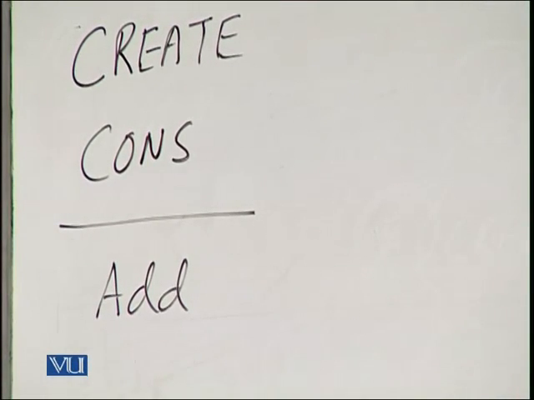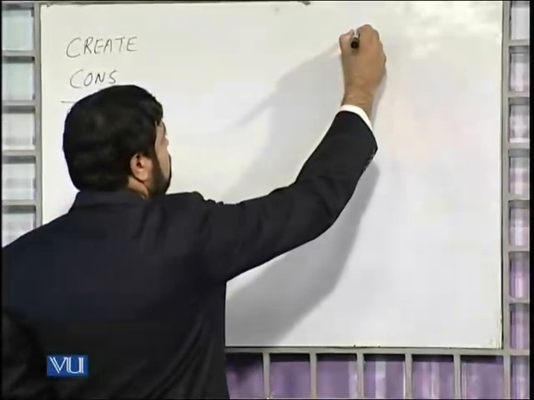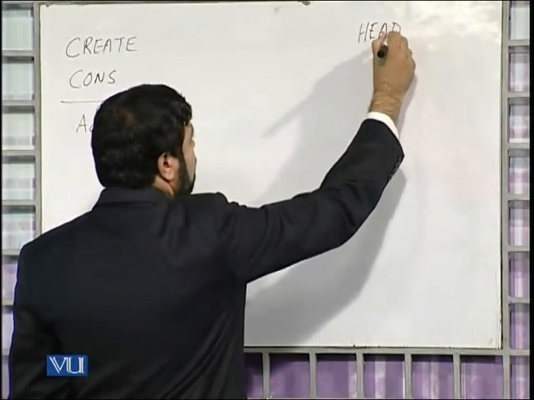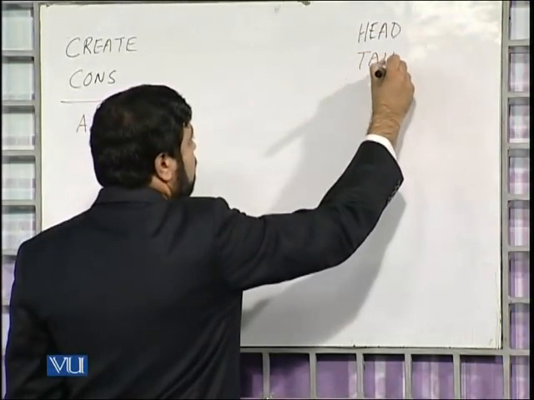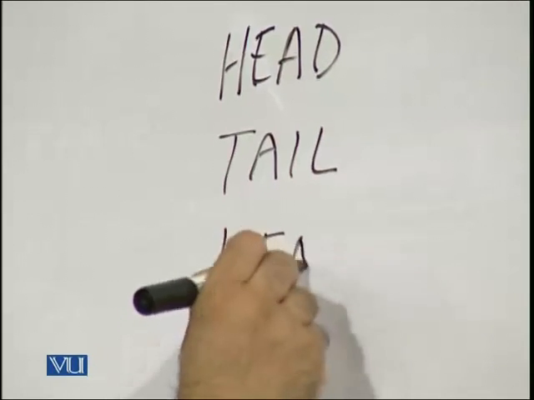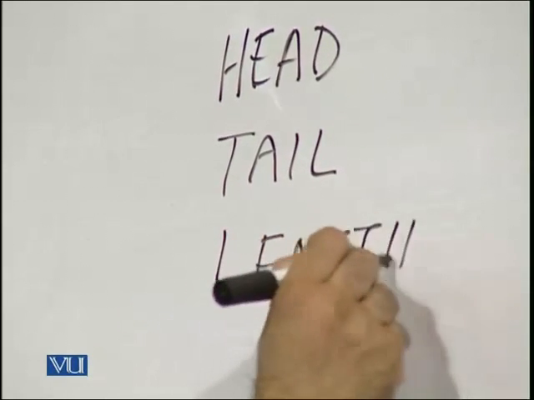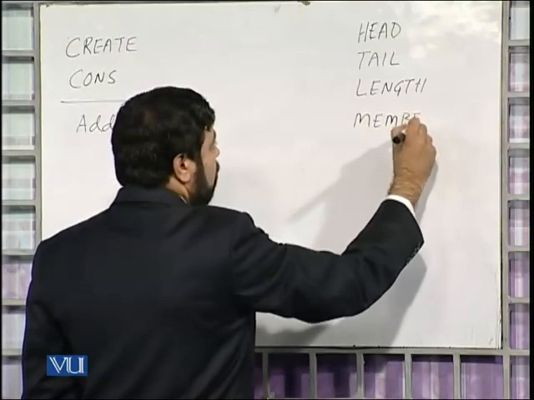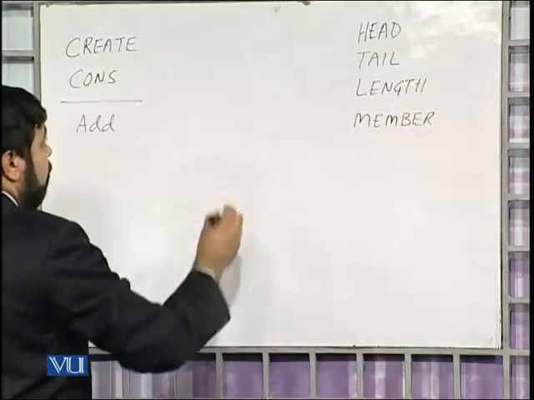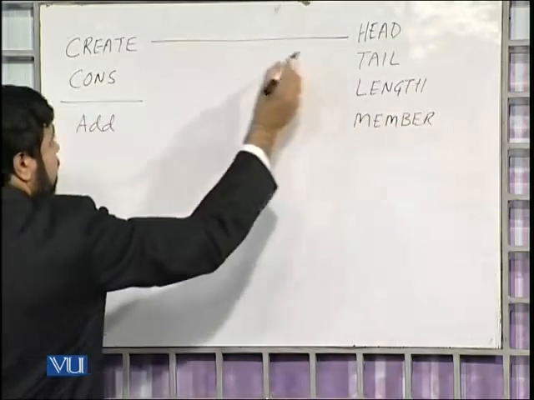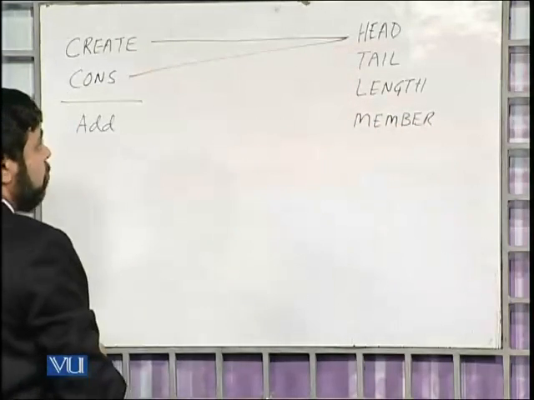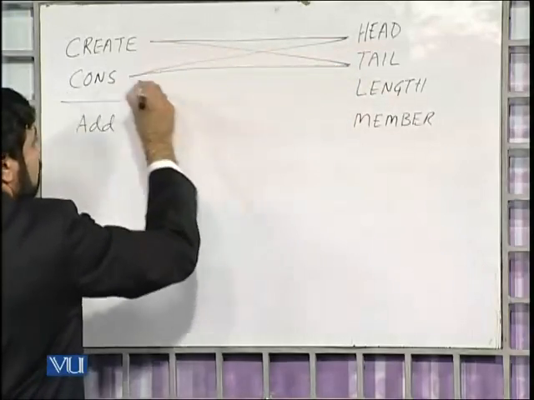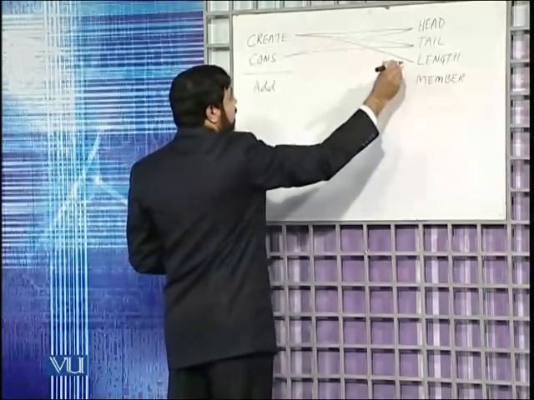So we had our methods, that is head, tail, and length, and member. We already had this head for create, and we had this head for cons. We had this tail for create and tail for cons, and we had this length for create and length for cons.